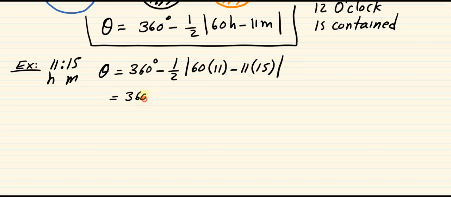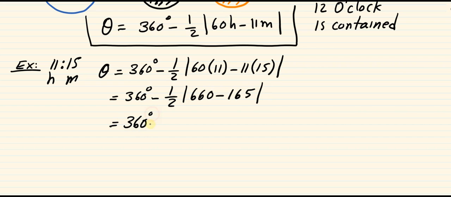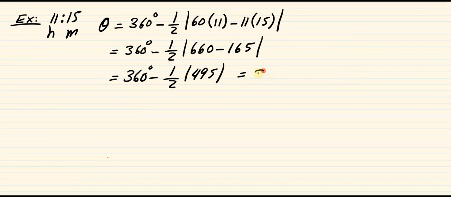That's going to be 360 minus 1/2 the absolute value of 660 minus 165, and this will give me 360 minus, inside the absolute value I got 495, and this is going to make it 360 less 247.5 degrees, which is 112.5 degrees.